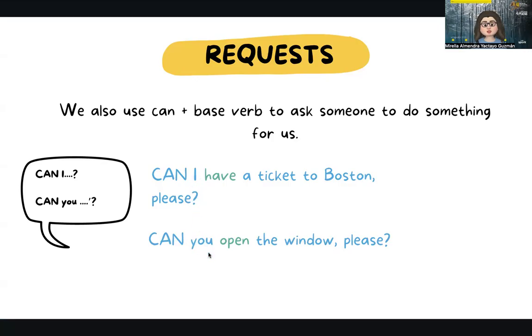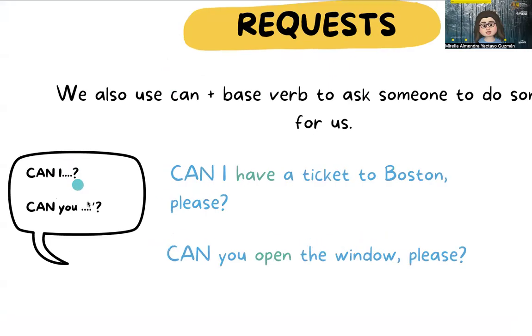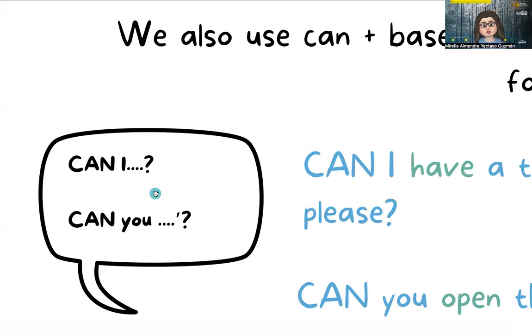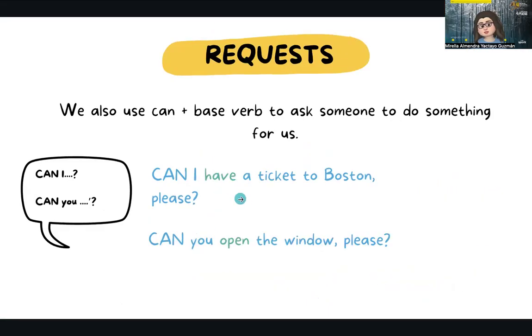Can you open the window, please? So open is in its base form. And remember, in the case of request, we can start the sentence with can I or can you? And then the verb and whatever you want to add.